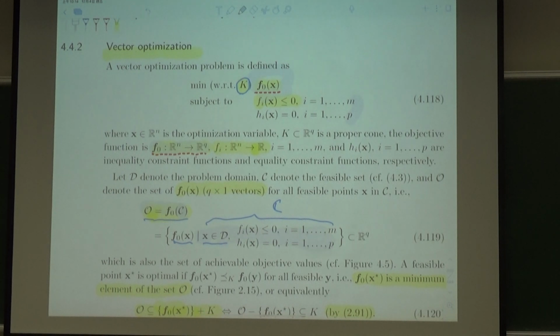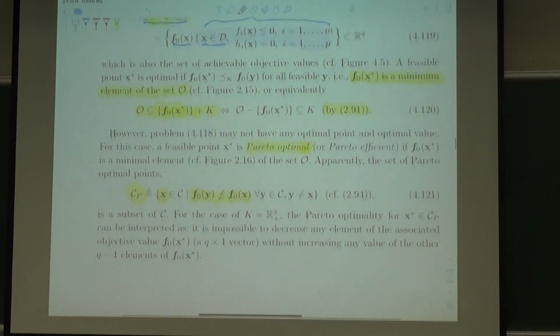In other words, after you convert this problem into a set O, the next step is to find the minimum points, or minimal points, of the set O. This is the job we want to cover.